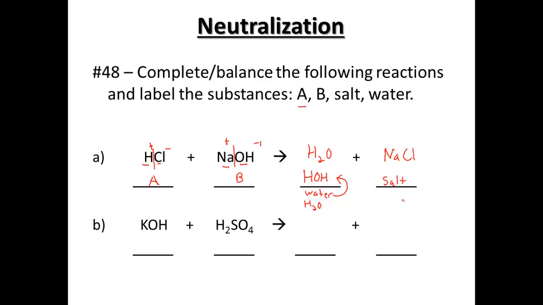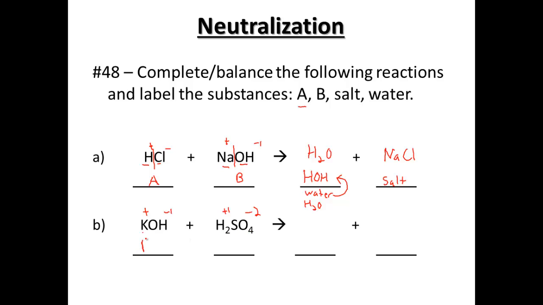Our second example, just a little bit more: potassium hydroxide, potassium plus 1, hydroxide a minus 1. Hydrogen plus sulfate, which is a minus 2 in this case, when we crisscross.